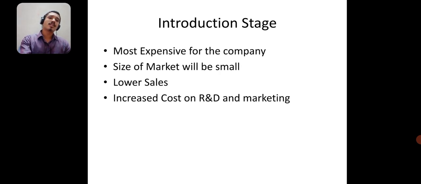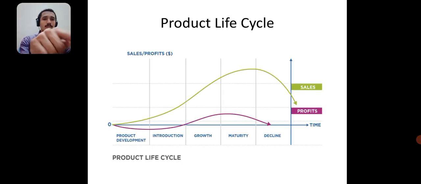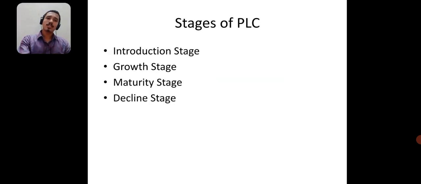This is the graph which we will have to remember and draw, right? The profits and sales go on increasing in the growth stage. In the maturity stage, it will be a straight line, and then in the decline stage it comes down. So this is the product life cycle.